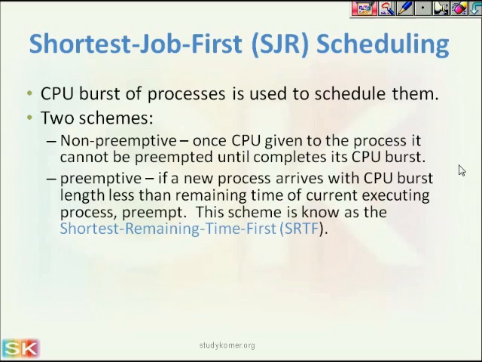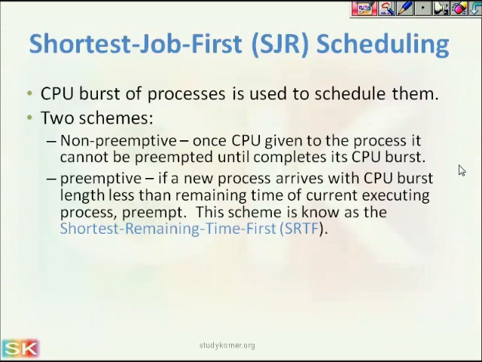Another scheme is preemptive. If a new process arrives with a CPU burst length less than the remaining time of the currently executing process, preempt it, right? So this scheme is also known as shortest remaining time first. So SRTF is equal to SJF plus preemption, right?